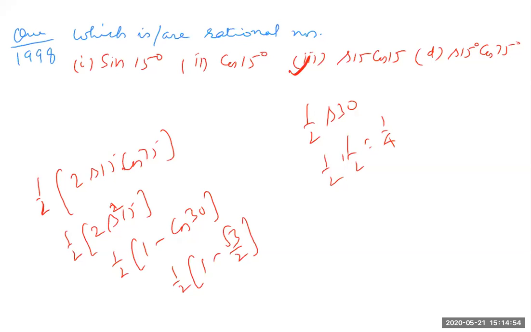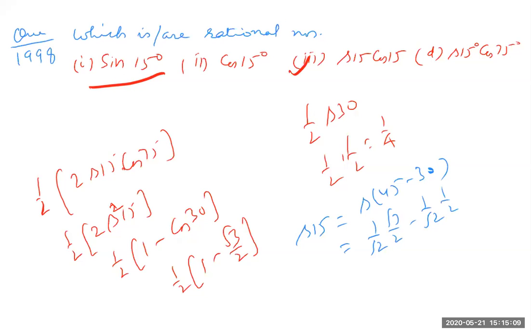And definitely these, sine 15 for example, you can easily eliminate. Sine 15 is equal to sine of 45 minus 30. Sine 45 is 1 upon root 2, cos 30 is root 3 by 2, minus cos 45, 1 upon root 2, into sine 30. So this is root 3 minus 1 upon 2 root 2. This is not rational.